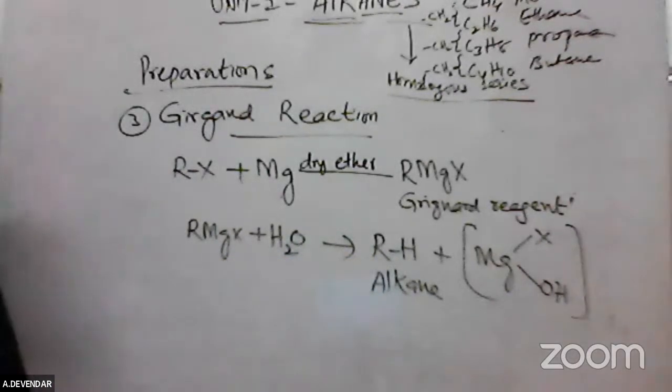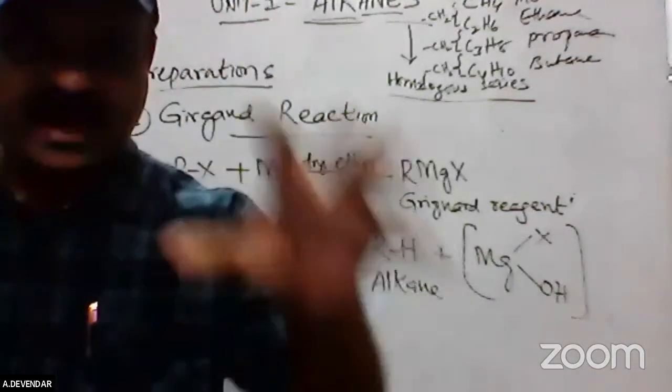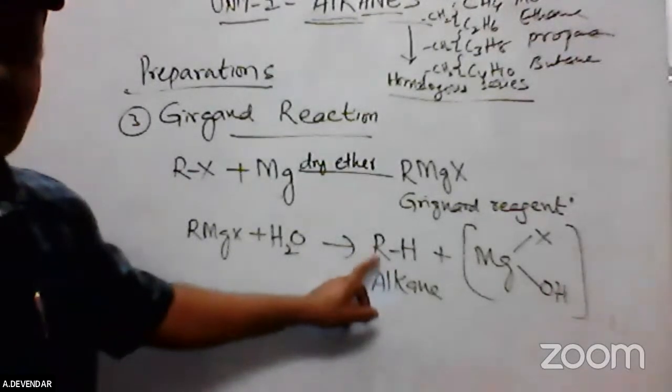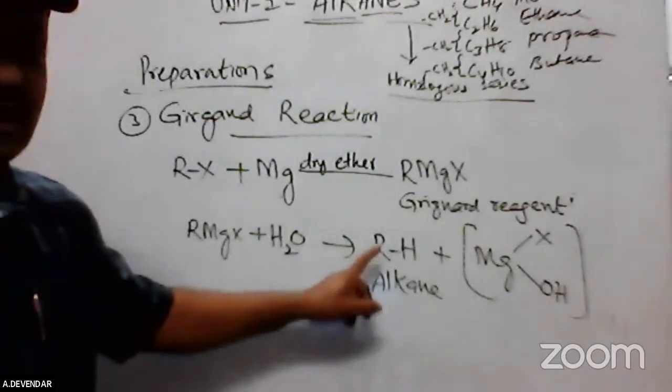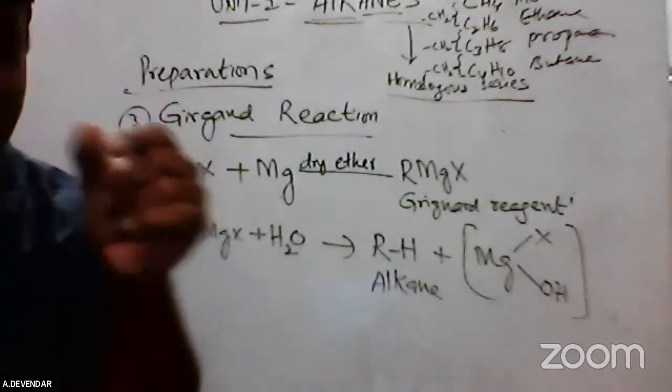See friends, in the Wurtz reaction you can only get even numbered carbon, higher alkanes. But with the Grignard reaction, odd number hydrocarbons can also be prepared.